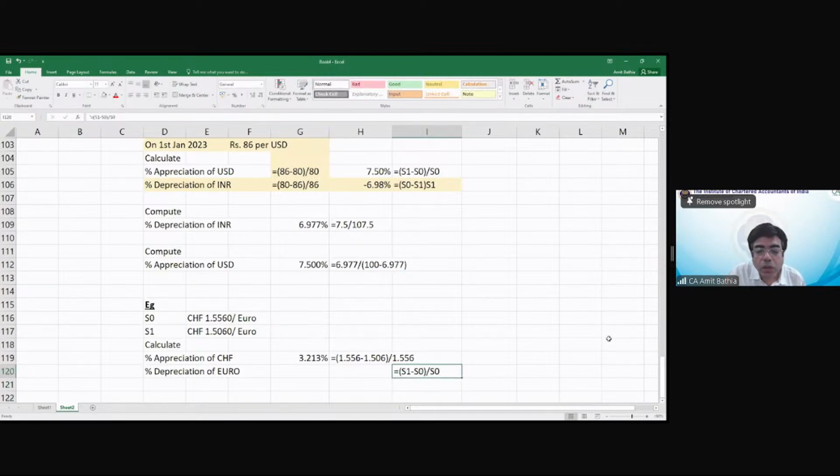So S1 is 1.5060, and 3.213 is the depreciation, I guess. Minus 1.5560 upon, I am going to write over here 1.5560. Am I right?